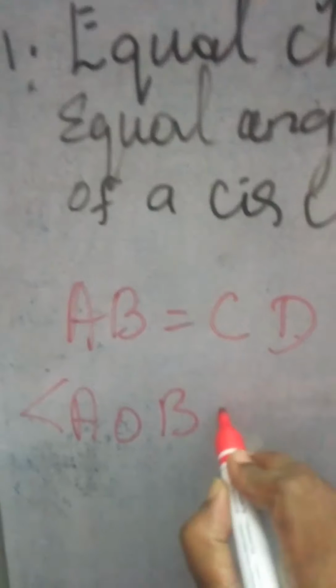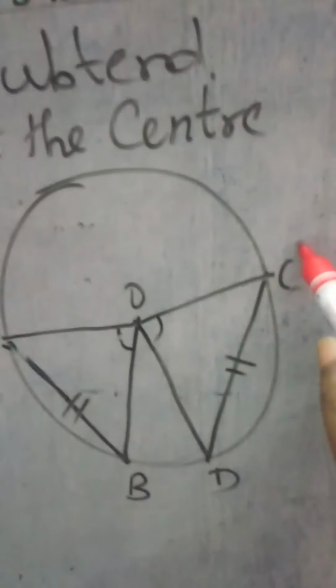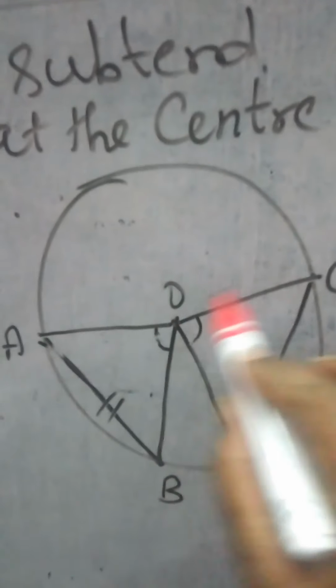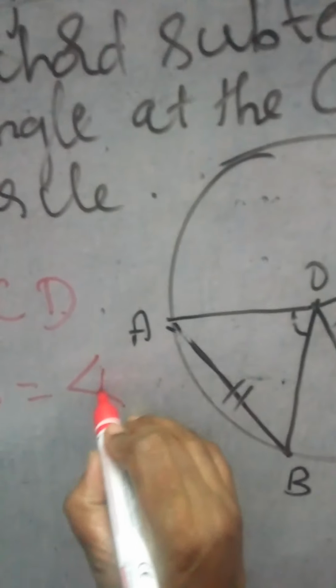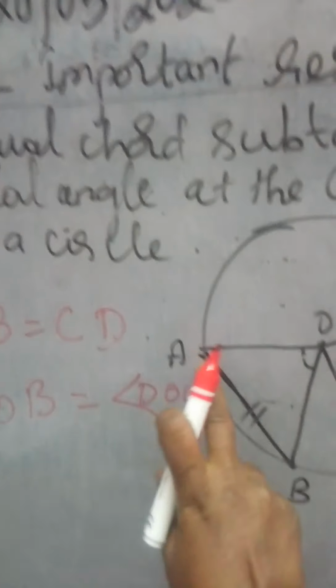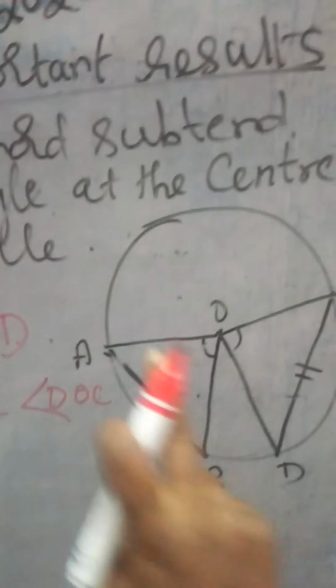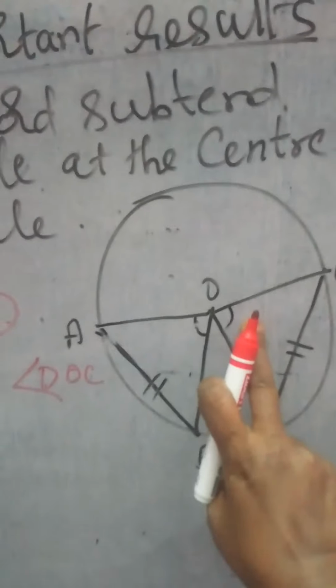This is equal to angle DOC, the angle subtended by CD. Understood? So equal chords subtend equal angles at the center.